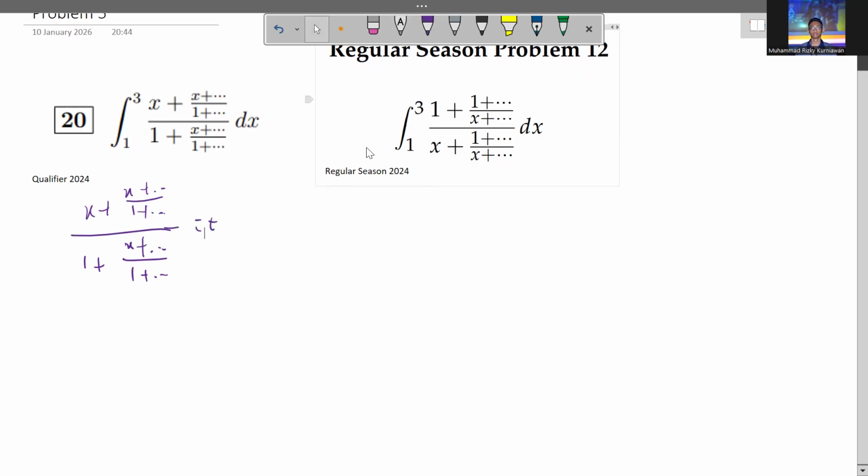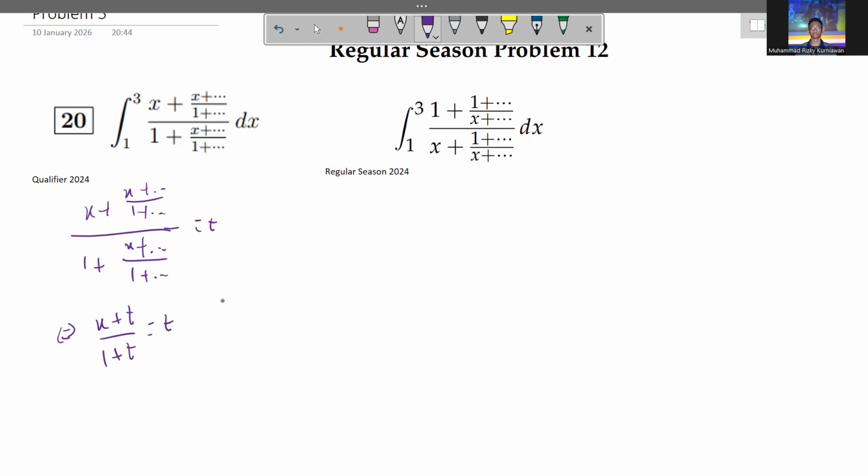The entire integrand is t itself, but the second time it repeats, we can replace it with t, which means all of this is equal to x plus t over 1 plus t equals t.